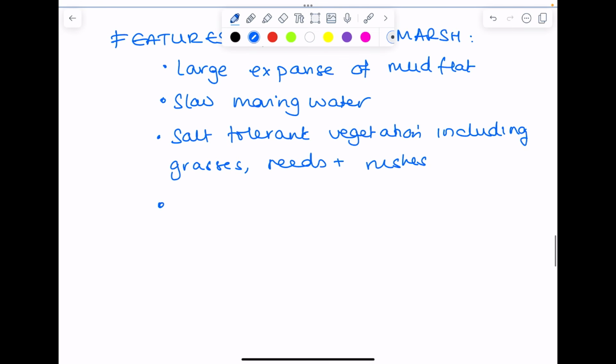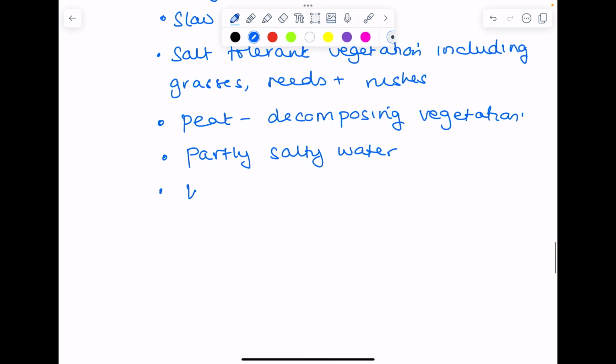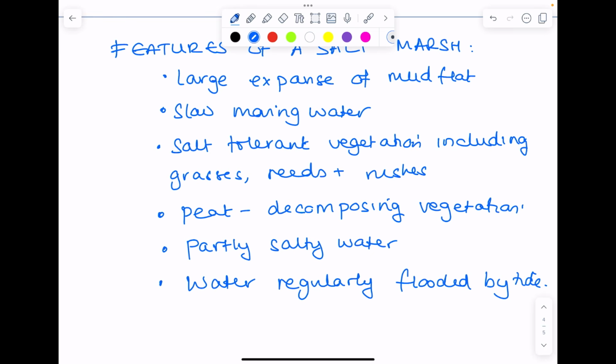There's often peat, which comprises decomposing vegetation. Partly salty water, and water regularly flooded by tide. And remember, salt marshes provide a really nice ecosystem for a lot of birds.